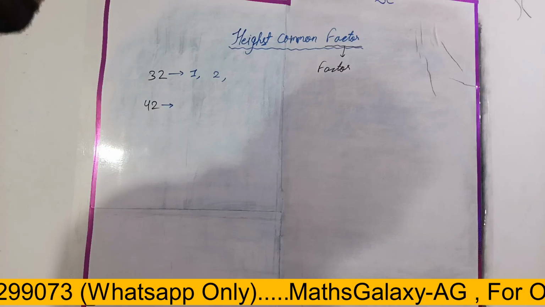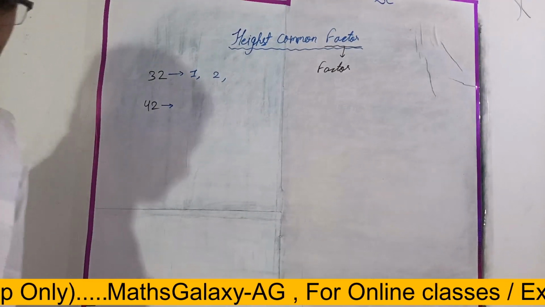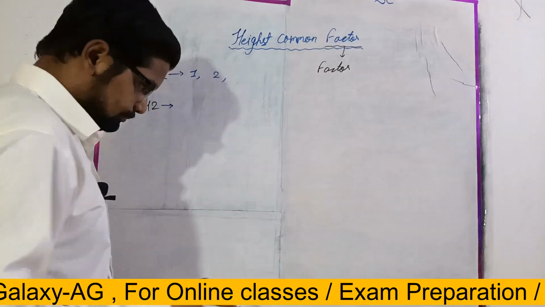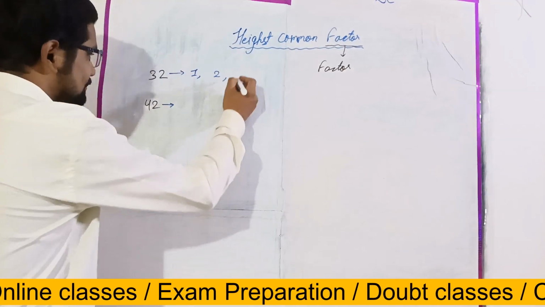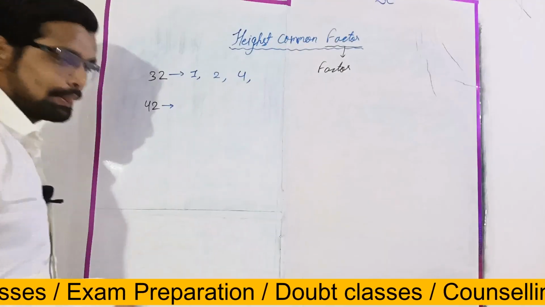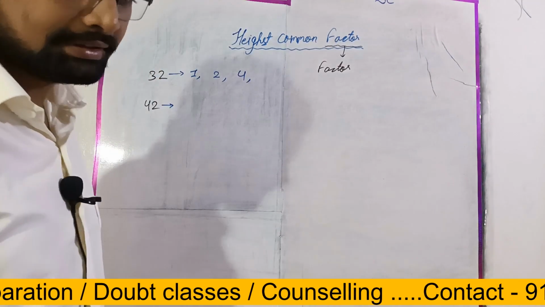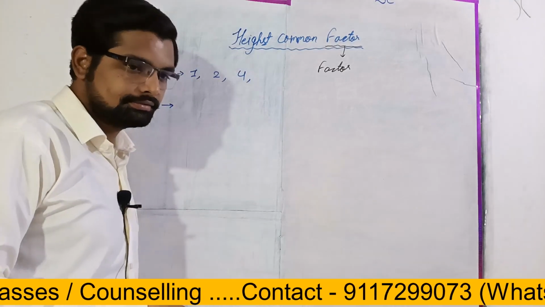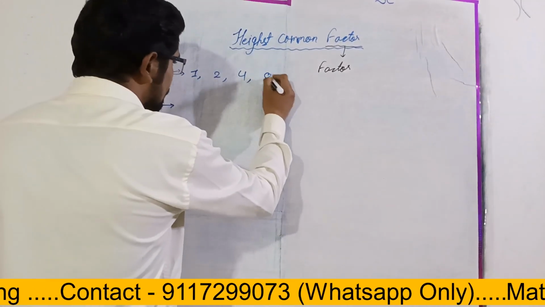Then 4. 4 is not the factor of 32? 32 is a multiple of 4, so yes it is. Then 8. So it will be 4. After this 5, no. 6, no. 7, no. 8, yes, it will be.